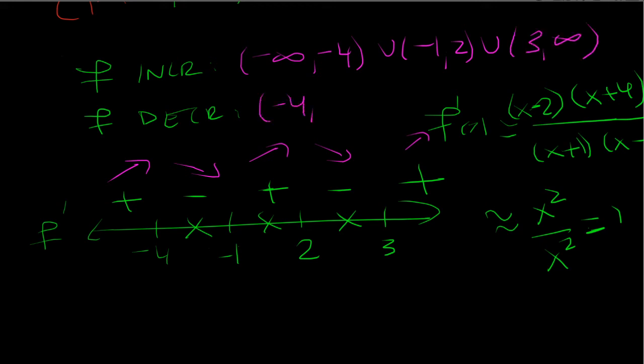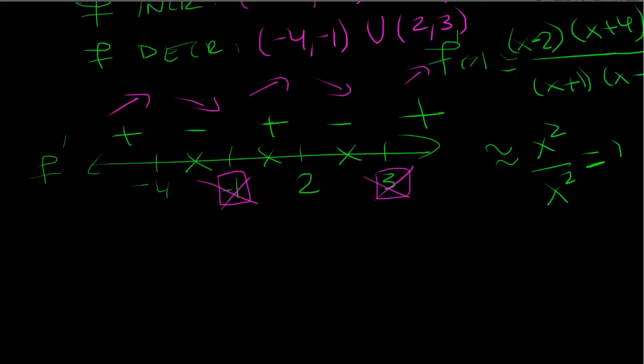Decreasing from negative 4 to negative 1, and then 2 to 3. Remember, we said x cannot equal negative 1 and 3, so these are not going to be part of it. We're going to ignore them and see that at negative 4 there's a max, and at 2 it's also a max.